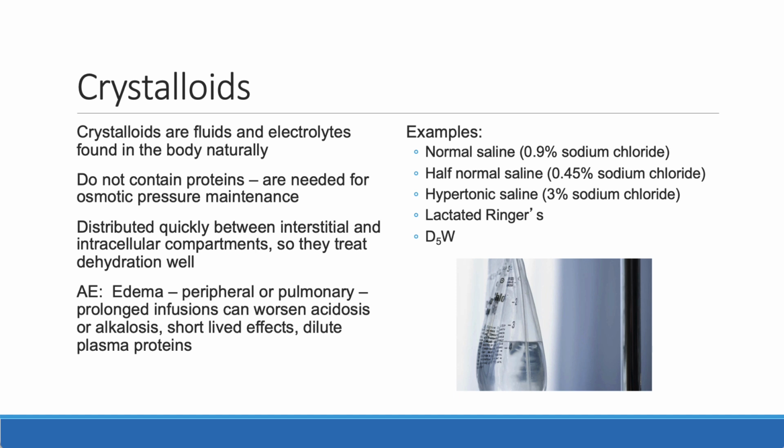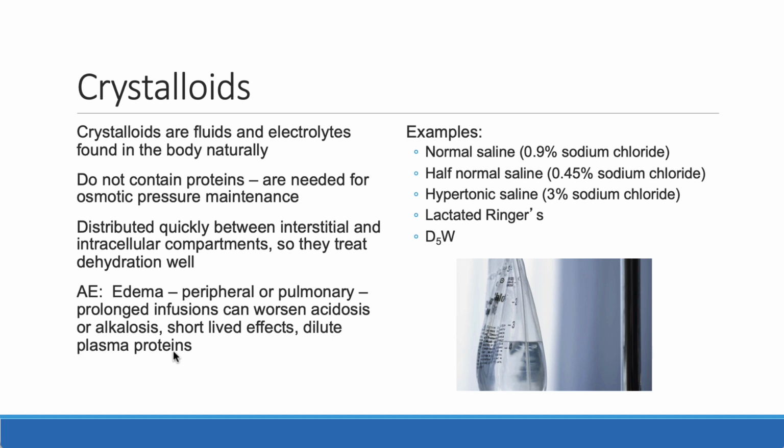It can worsen acidosis. It has short-lived effects because when you give a liter of normal saline or lactated ringers, for instance, only a quarter of that stays in the intravascular space. The rest of it leaks out. So we have to be very cautious about using crystalloids. They also dilute the plasma proteins.